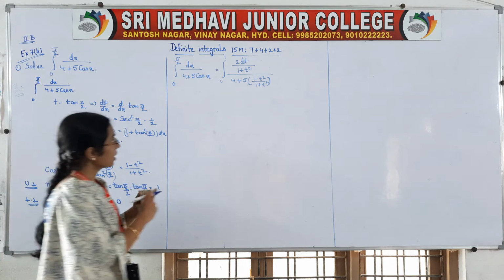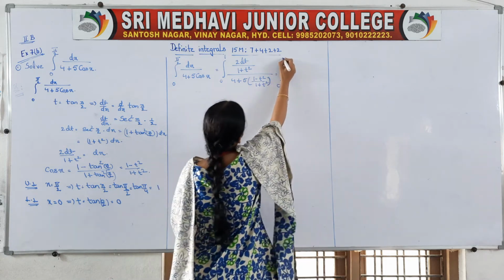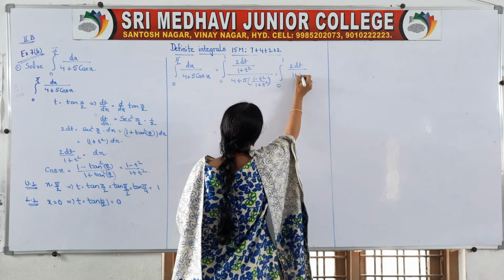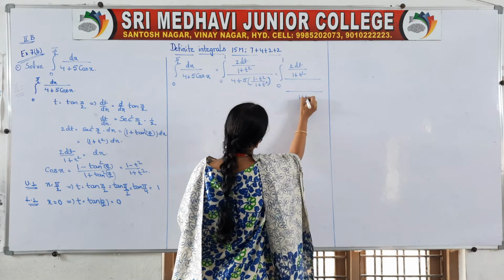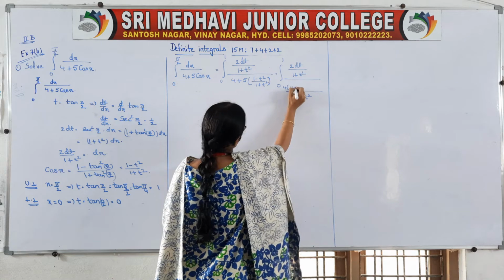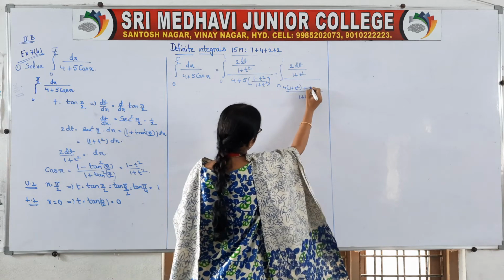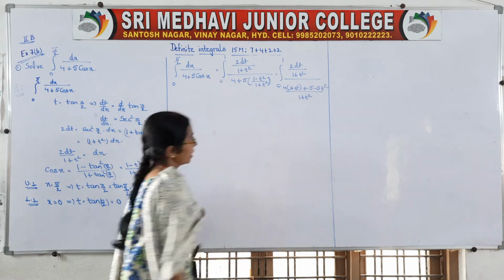So then you will have integral 0 to 1, 2 dt by 1 plus t square, by taking the LCM: 1 plus t square, 4 into 1 plus t square plus, open the brackets, 5 ones are 5 minus 5t square.